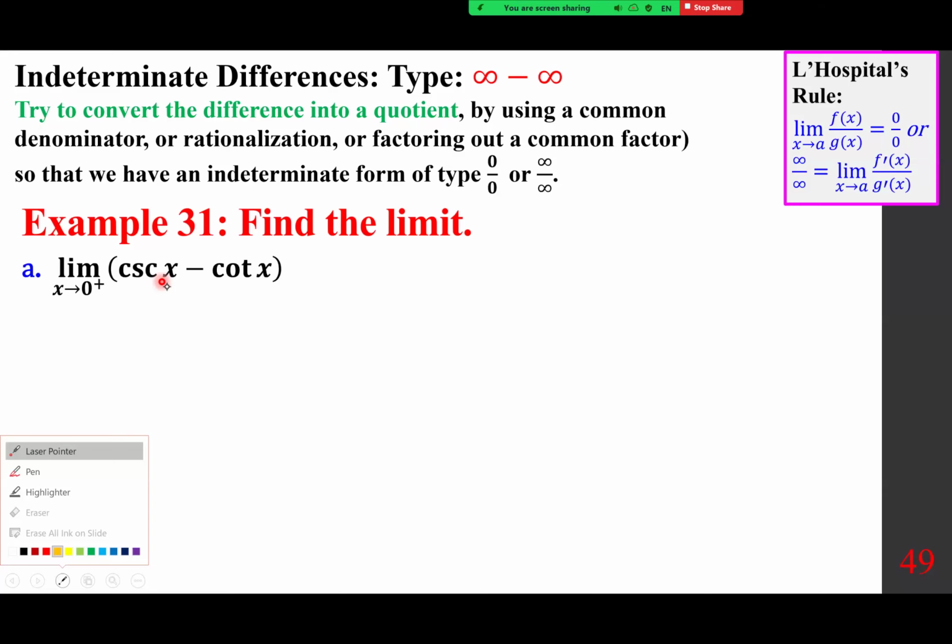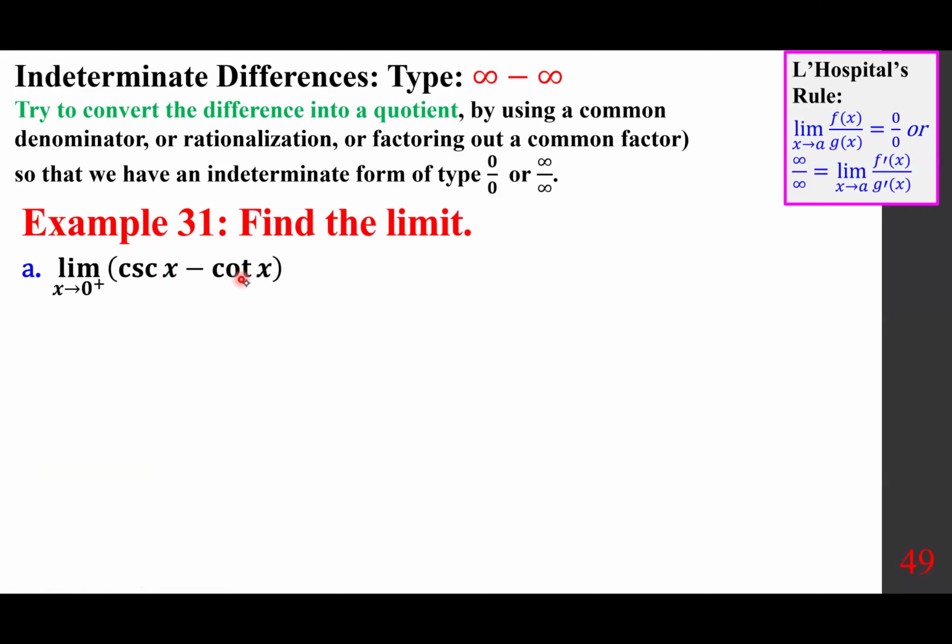Here's the reason. Cosecant of 0. Remember, cosecant is 1 over sine. Cotangent is cosine over sine. As x goes to 0, sine goes to 0. So when the denominator goes to 0, they both go to infinity. Cosecant and cotangent are both infinity. So we have infinity minus infinity in this case.